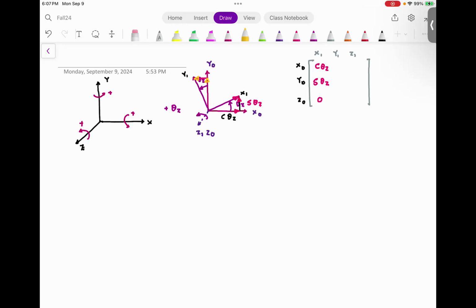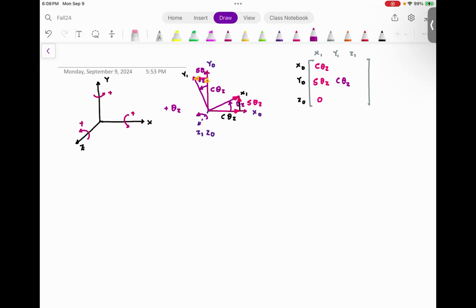If I write down the projections again, this projection is going to be cosine theta z, and this projection is going to be sine theta z. But now I want you to understand, it's very important, the projection of y1 onto y0 is cosine theta z in the same direction as y0. So the projection of y1 onto y0 is going to be cosine theta z.